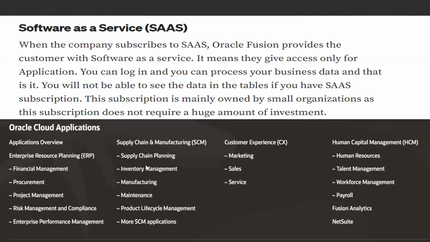And for SCM, CX, and whatever other models, procurement, project management, only one or two consultants will be included in a project, not more than that. But if you compare with our Fusion finance functional consultants, in our project we have 6 members.